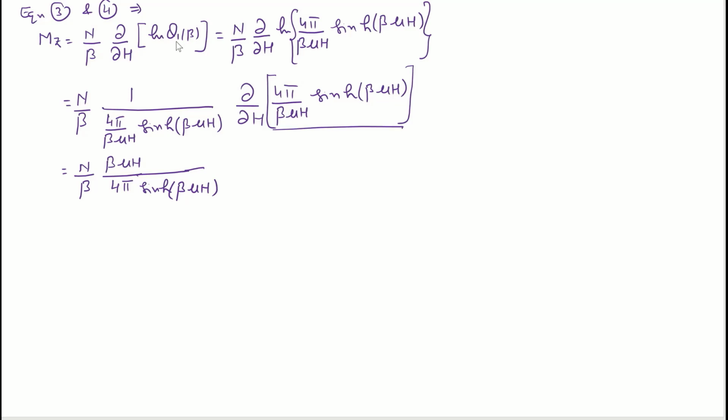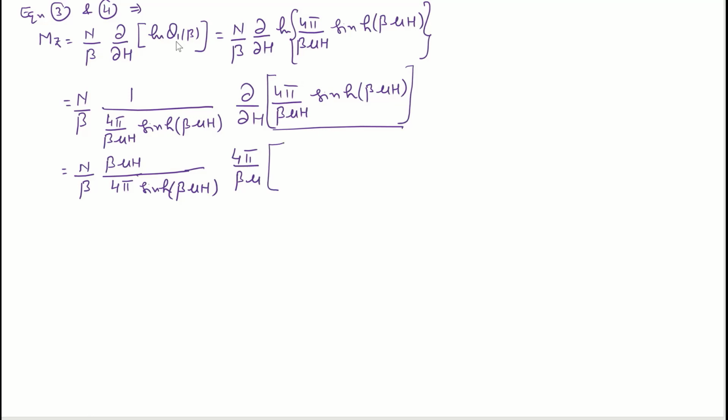So let's see what is the differential. So this will be 4 pi upon beta mu, that's constant, so I will take it outside. Okay, and then inside we are having sine beta mu h upon h, its differential.